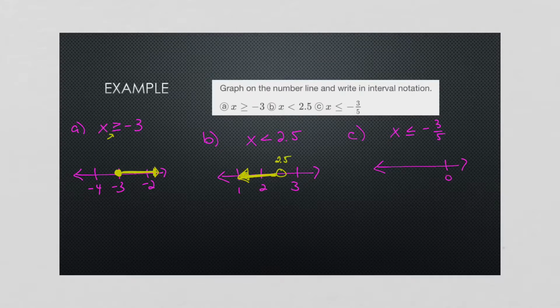So I'd put 0 here, -1, -2, and I want a closed circle at a little bit more than 1/2. And again, since it's not labeled at the bottom, I'm going to label it above. And then this points to the left because I want all the numbers that are smaller than -3/5. All right, that's it for that one.